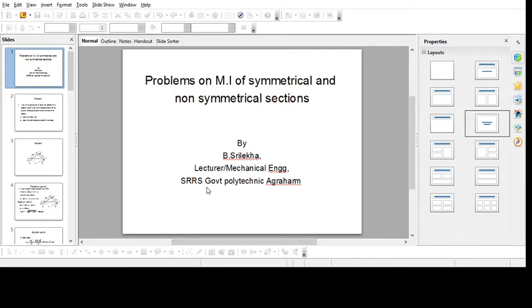Now the y term: from the base you have to calculate. There is a distance of 20 and its height is 90. So 90 by 2 plus 20 means 45 plus 20, which is 65. So y2 is 65 and x2 is 5 simply.